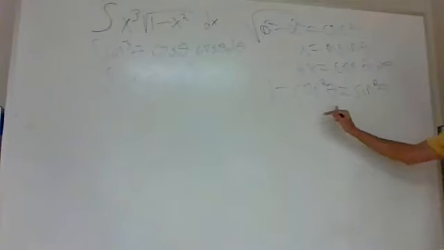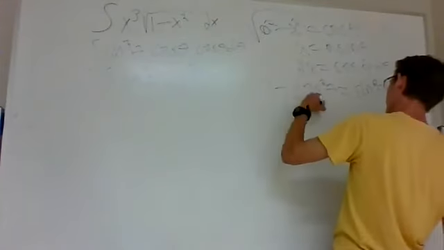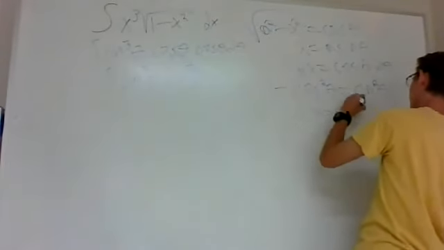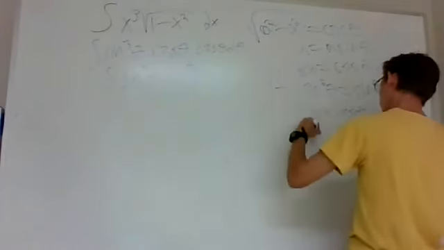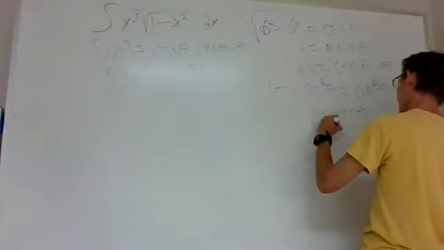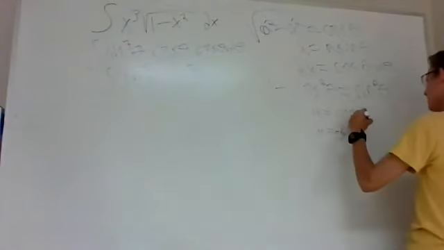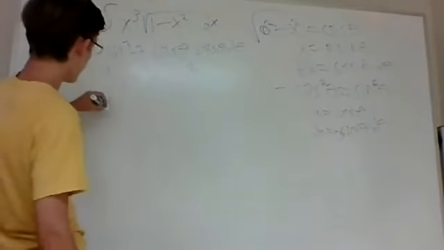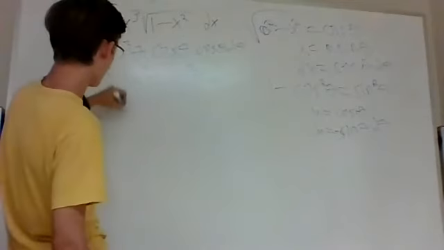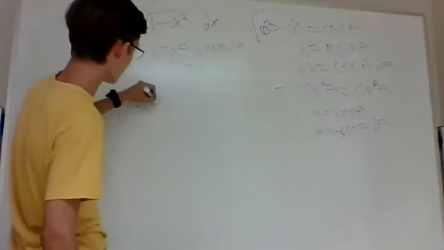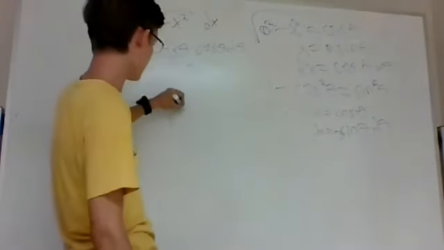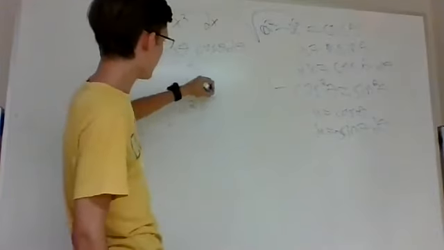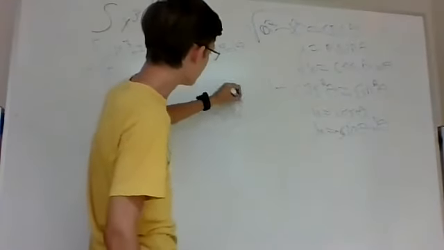And we also need to do a u substitution of u equals cosine theta, where du is equal to negative sine theta d theta. Substituting all that back into the integral, we get the integral of 1 minus u squared, negative du.